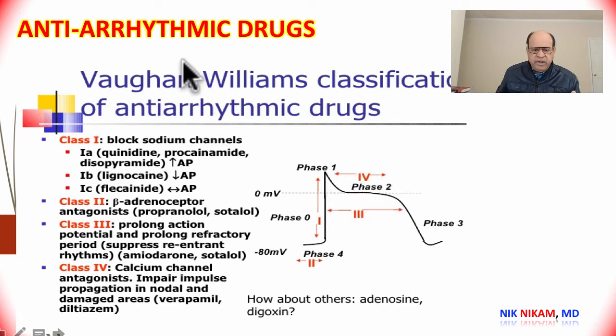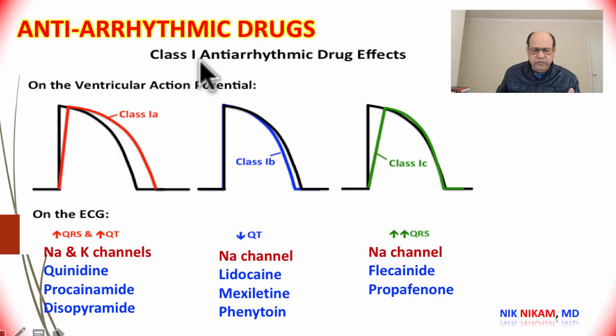I mentioned there are 3 different categories of drugs in class 1. So let's look a little deeper into these 3 categories and the drugs which belong to each one of them. Class 1A drugs act on the sodium channel, that is phase 0.